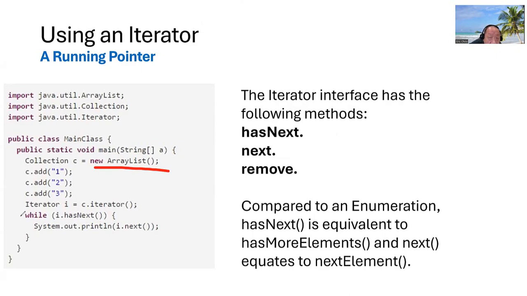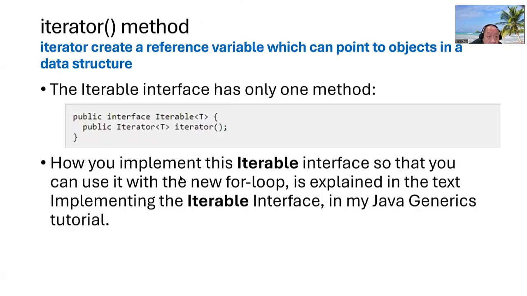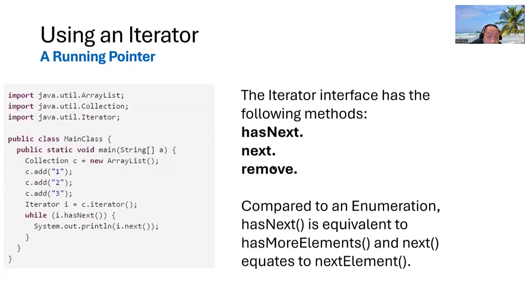Okay, let's try this one. I'm sorry, a little bit off. Iterable must have an Iterator, and it's the Iterator that has these three functions, not Iterable.